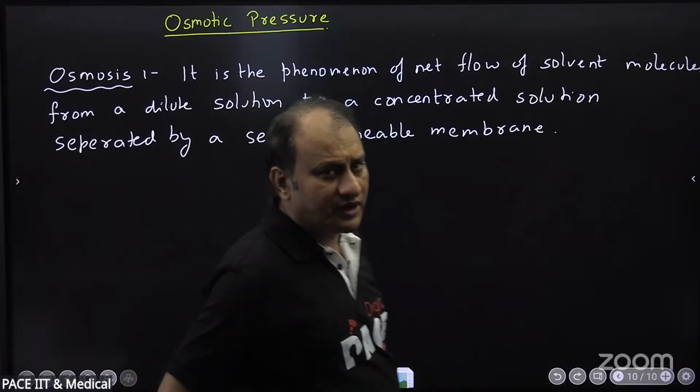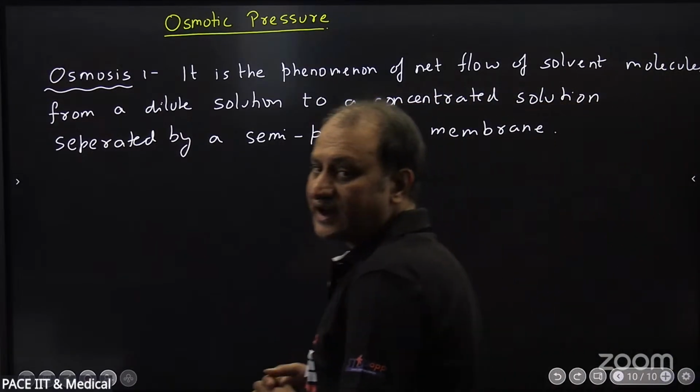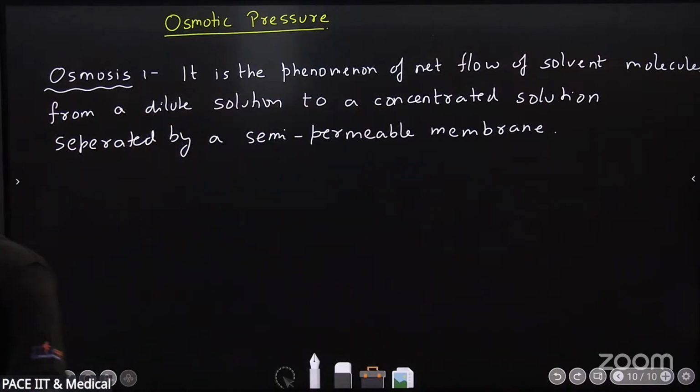What is the phenomenon of osmosis? It is the net flow of solvent molecules from a dilute solution to a concentrated solution when these solutions are separated by a semi-permeable membrane.